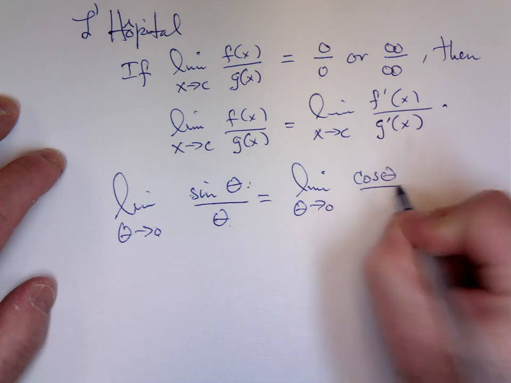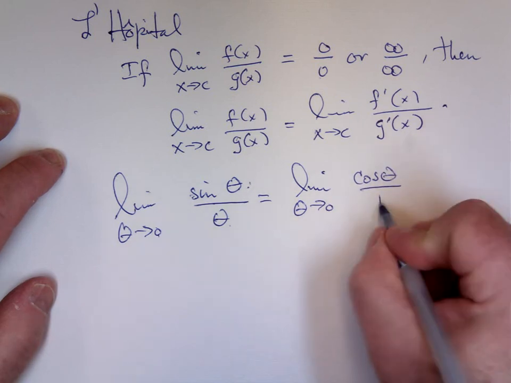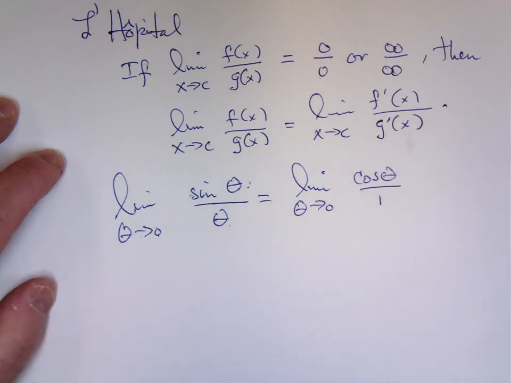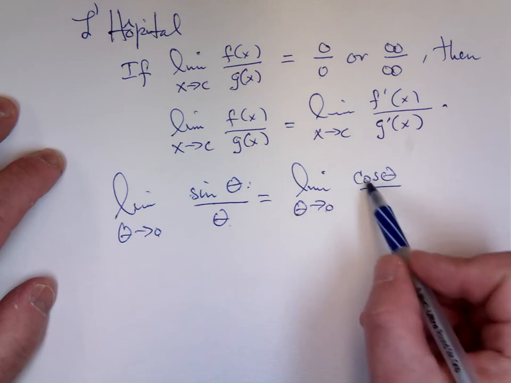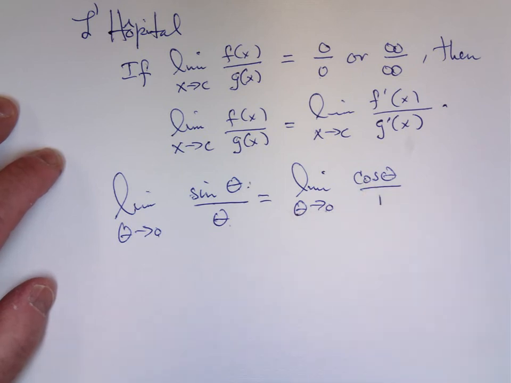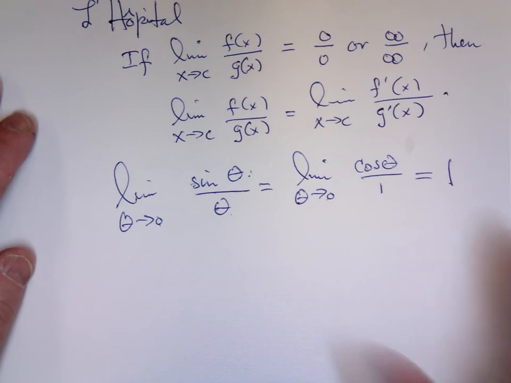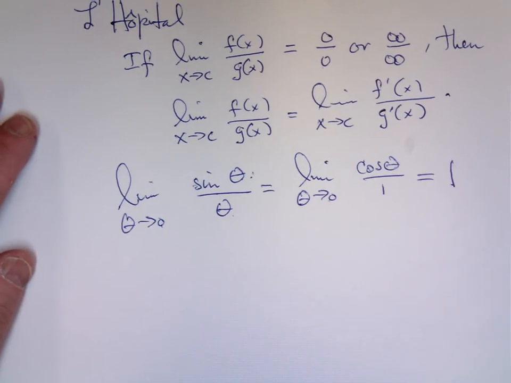As theta goes to 0, where's cosine going? 1. You get 1. And that's the answer. It's kind of nice. Technically, sine theta over theta is 1 anyway. Yeah, we knew that limit. We did it by a big long proof, though, with areas and a circle. This gives it to you immediately.